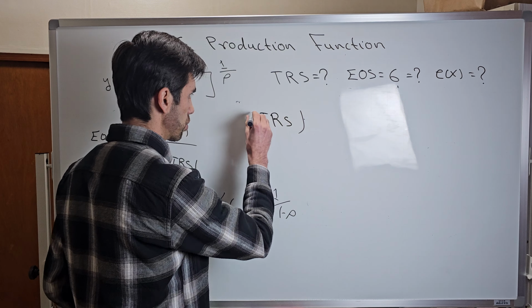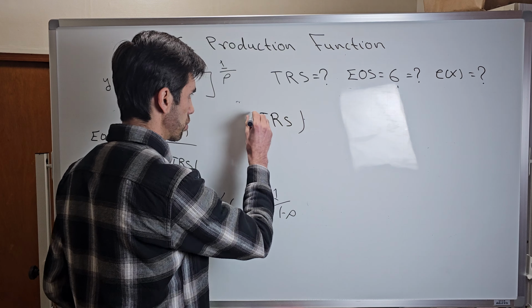We will have ln of K over L is equal to 1 divided by 1 minus rho multiplied by log of TRS.